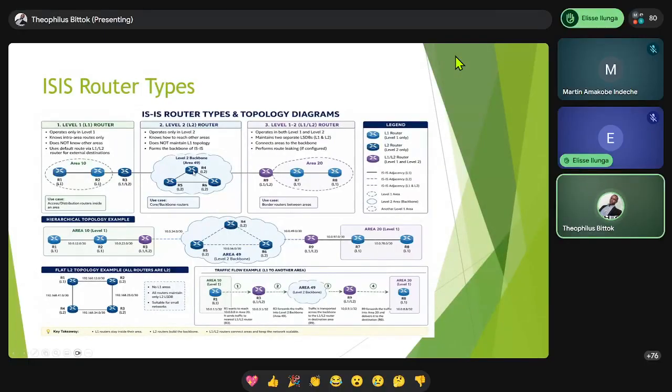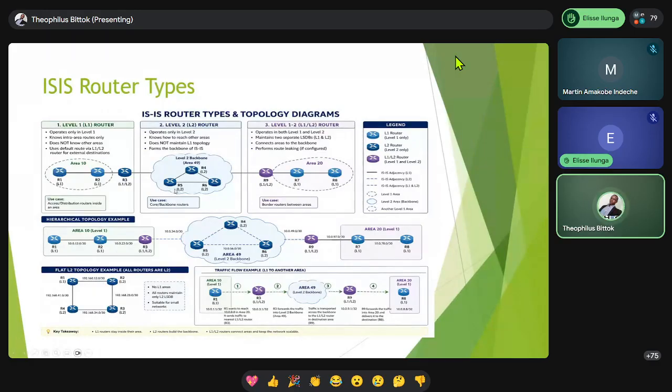And then also on adjacency, I told you for level 1, it will just form an adjacency with a level 1 router, and it can also form an adjacency with an L1, L2 router. And then an L1, L2 router can also form an adjacency with an L2 router.